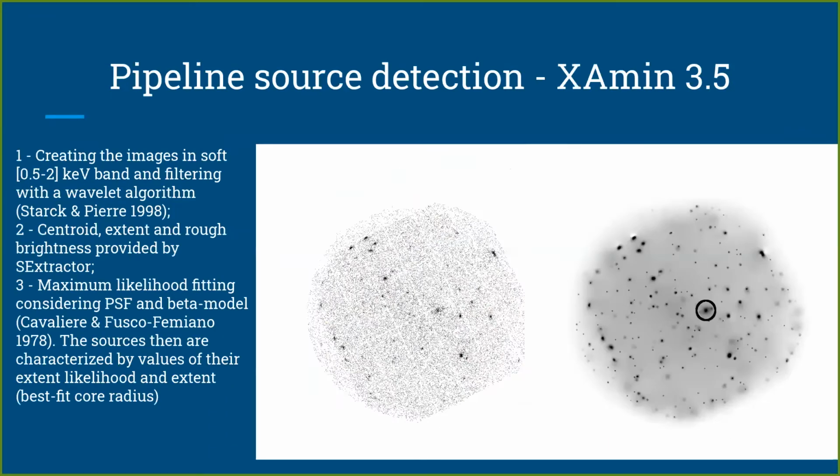For the processing, we used a specialized X-ray pipeline called XAMIN 3.5, which is specialized in the detection and selection of extended X-ray sources, which are the clusters. And I have to say that actually 95% of X-ray sources are AGNs. So this is difficult work to do, but this pipeline was dedicated to that.